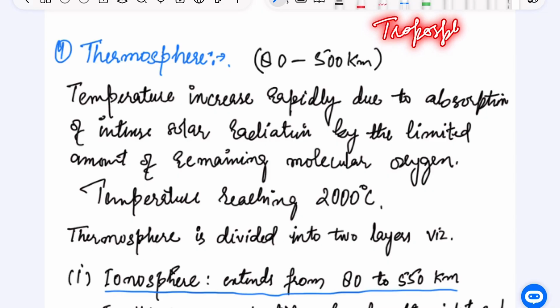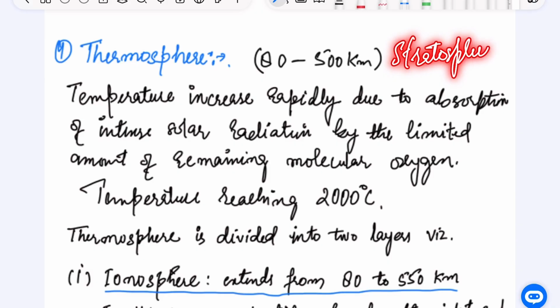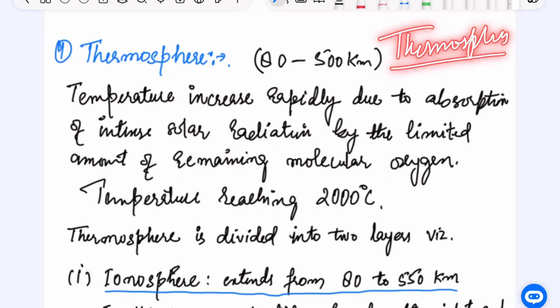So if you see, in the troposphere temperature was in a decreasing trend, and then in the stratosphere we have seen temperature increase with increasing height, and then again in the mesosphere temperature decreases with increasing height, and again in the thermosphere temperature increases with increasing height.